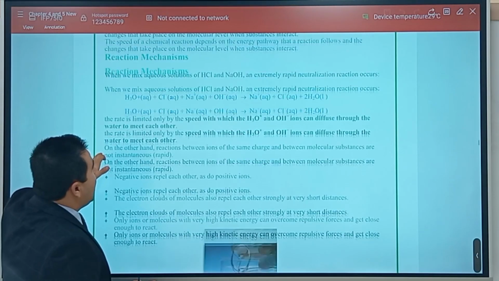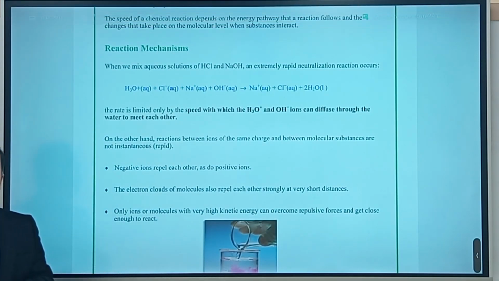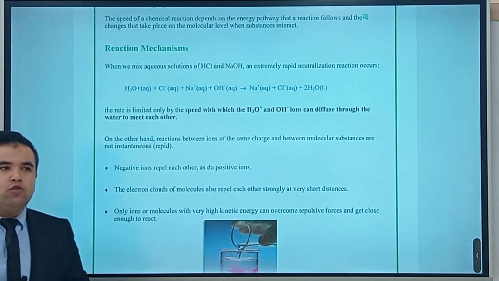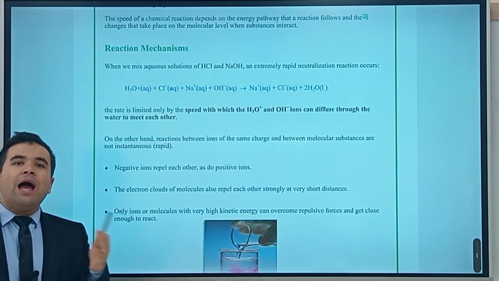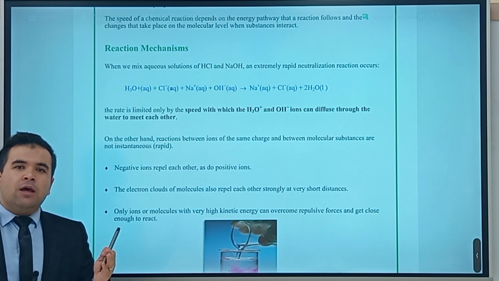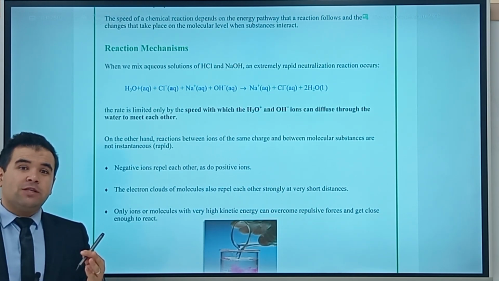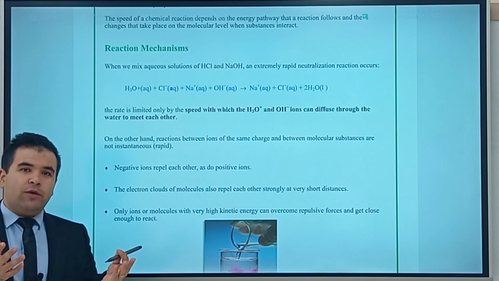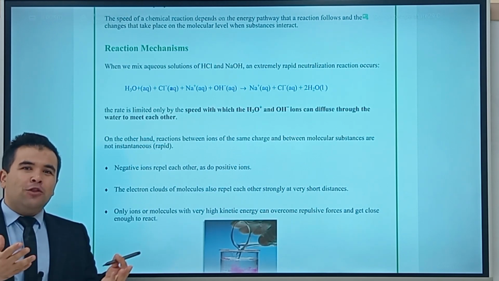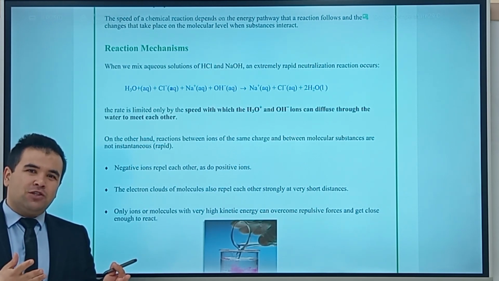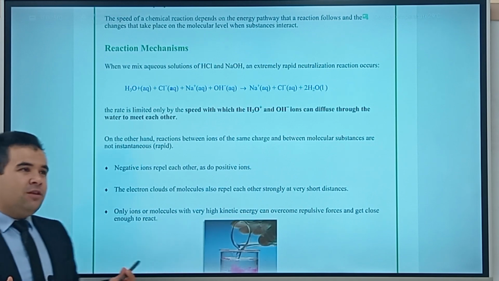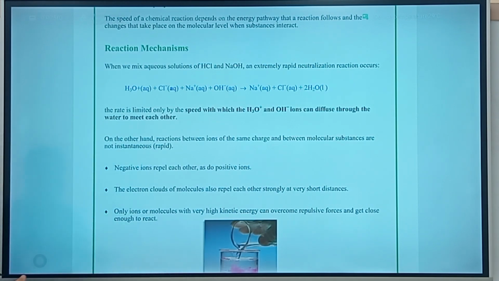A reaction mechanism, guys: usually the reactions proceed in steps. They do not proceed through a single reaction which we represent. Those overall reactions proceed within several steps of reactions.